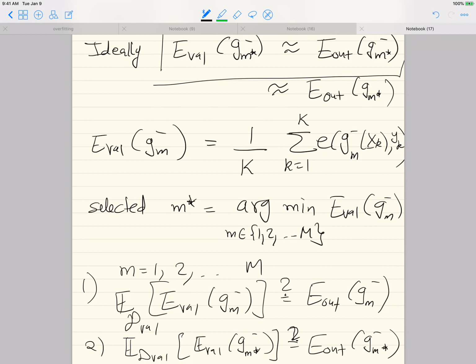And the question is, will that in expectation equal E out? Will this converge to E out if k goes to infinity? That's the first question. And the second question is, if I select m star based on this, is it true that this relation holds for m equals m star?